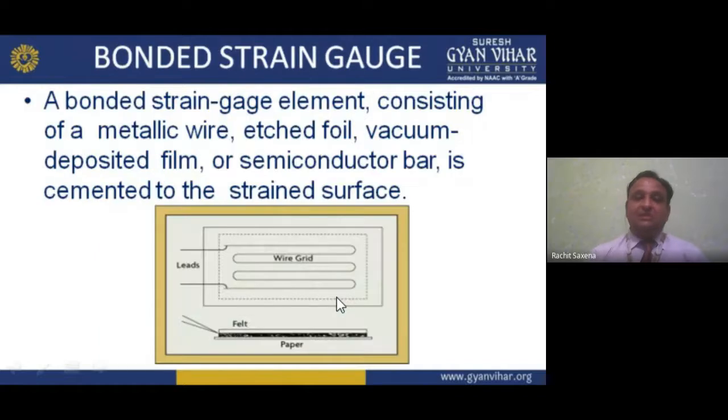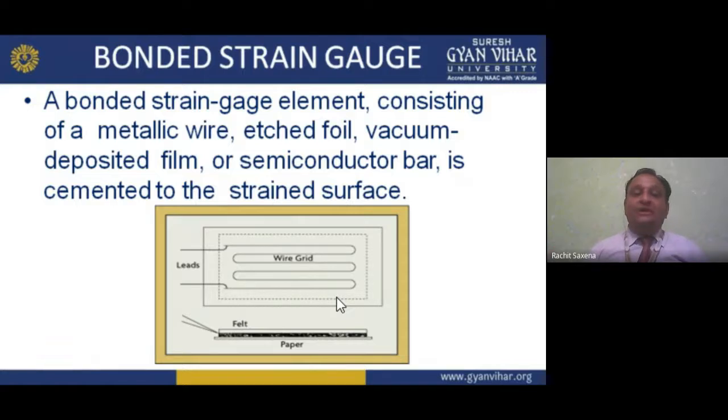Okay. Now next, bonded strain gauge. What is it? The bonded strain gauge element basically consists of metallic wire. I'm talking about the gauge here. The word bonded strain gauge basically comes from bonding.